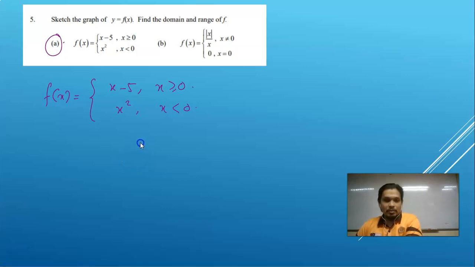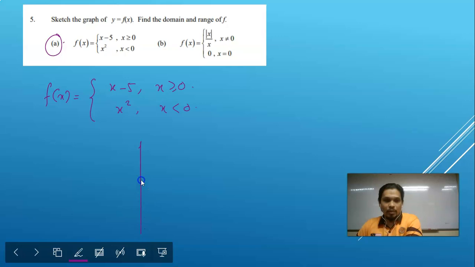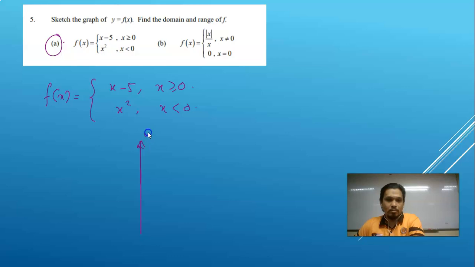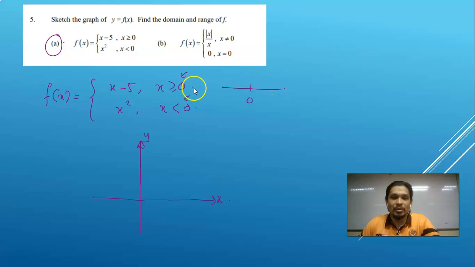Okay, so now let's make a line of y-axis and x. Okay, so class, look at these two. Okay, this one and this one. So make a number line with 0 here for x greater than or equal to 0, and another one here is x less than 0.